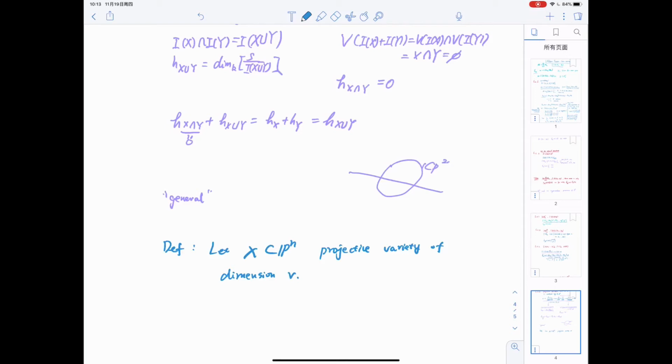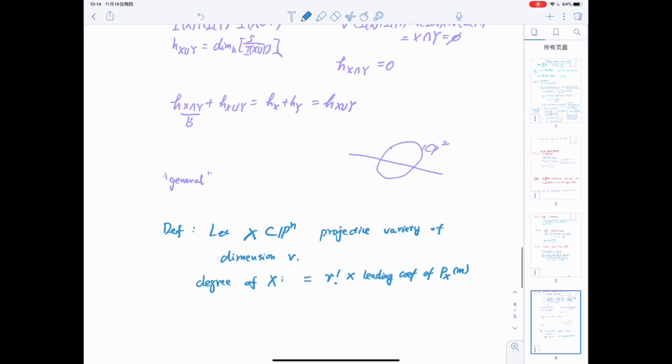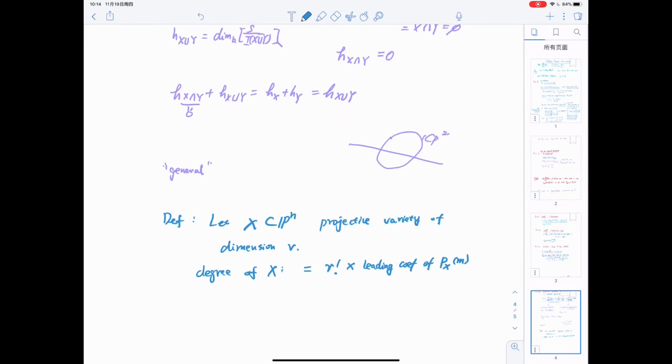Then the degree of X is defined by the factorial of r times the leading coefficient of the Hilbert polynomial. Then we compute the degree of some varieties to show that it coincides with our intuition.